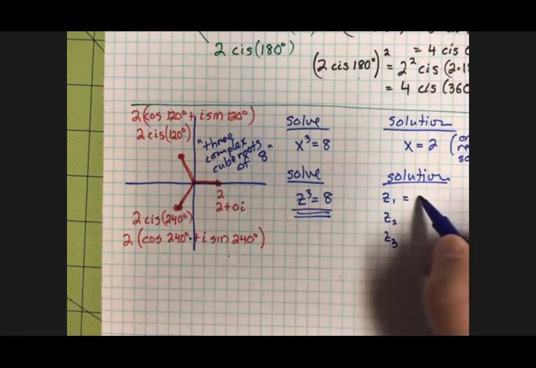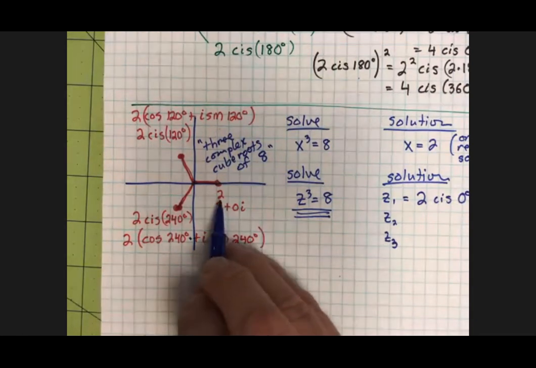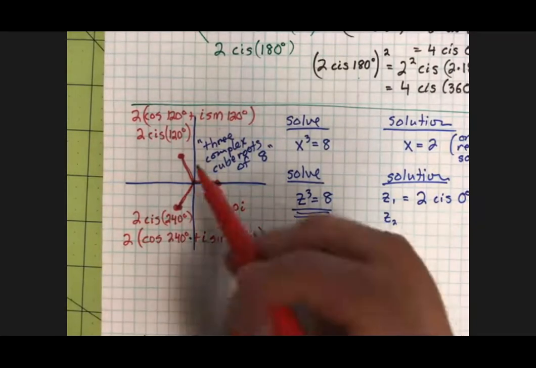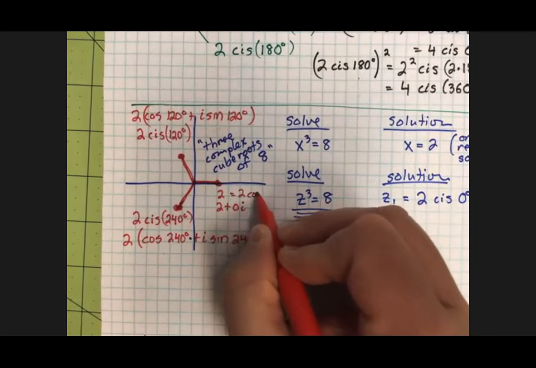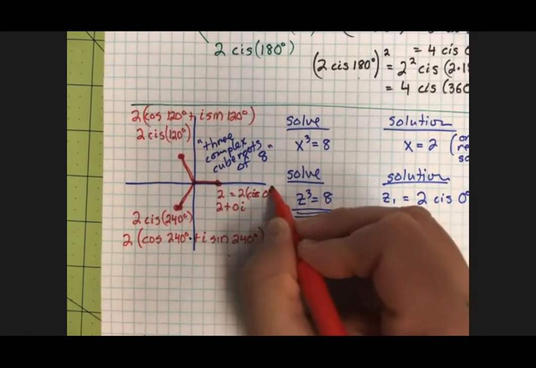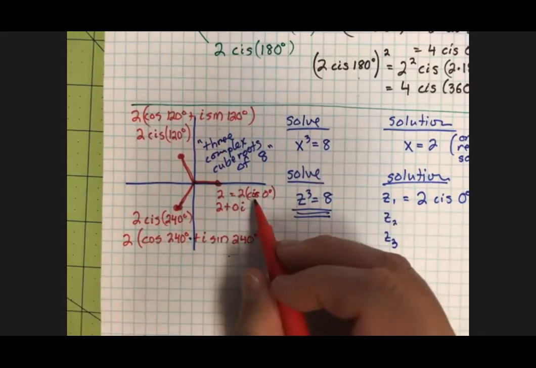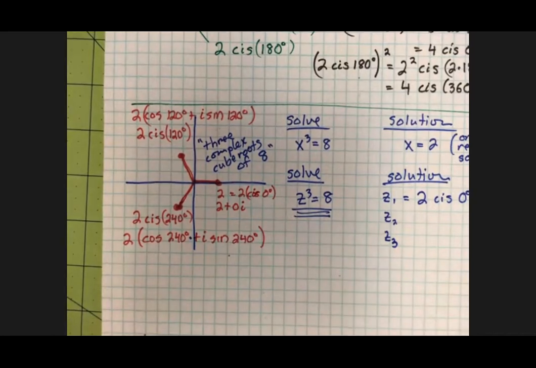So the simplest one was 2 cis 0 degrees. That's just radius 2 and cosine plus I sine of 0 degrees. Cosine of 0 degrees is 1, sine of 0 degrees is 0. So this is 2 times 1 plus 0i.